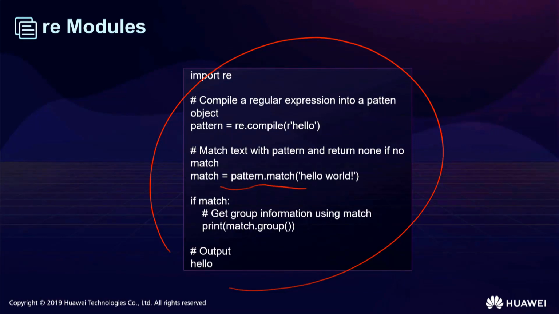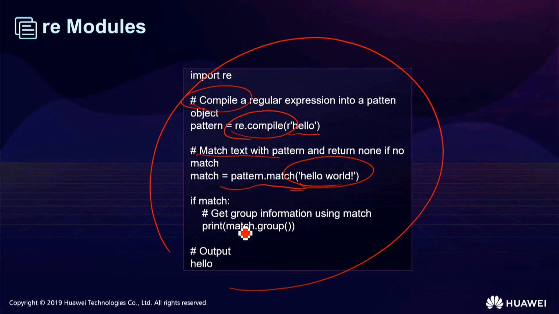For example, you can use the re compile function to compile the pattern hello, and match the text with the pattern, which returns None if there is no match. So we use the pattern match function to match this text, hello world.